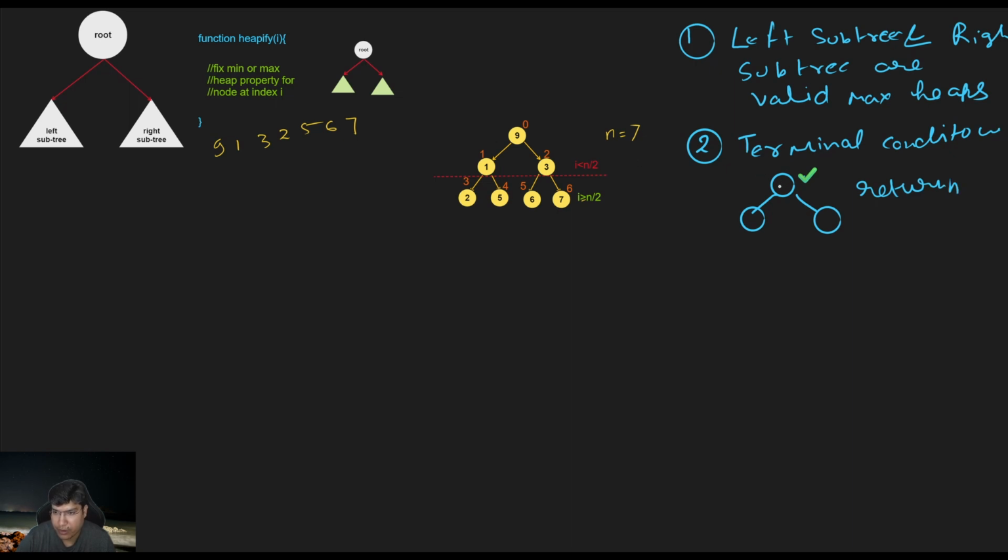For example, if we have a case like 9 1 2, then we just return, because 9 is the largest of all these three numbers. We don't have to do anything.